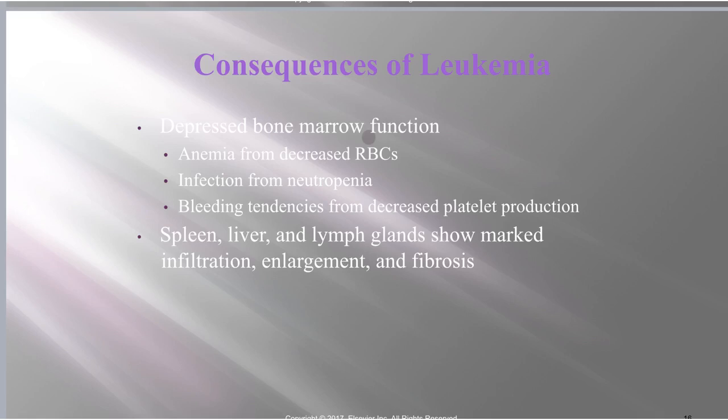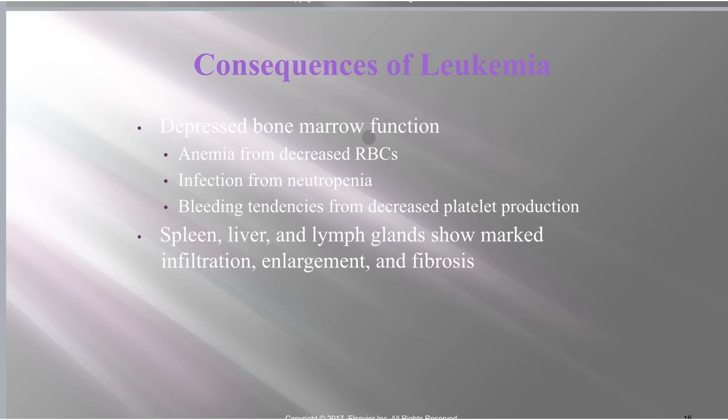When they have sores in their mouth that are getting irritated, it's easy for them to bleed and their gums to bleed and have hemorrhage. Bloody noses could be an issue with these kids, and those could become hemorrhages. But also their spleen, their liver, their lymph glands can all become infiltrated, enlarged, and fibrotic. So that can cause problems.